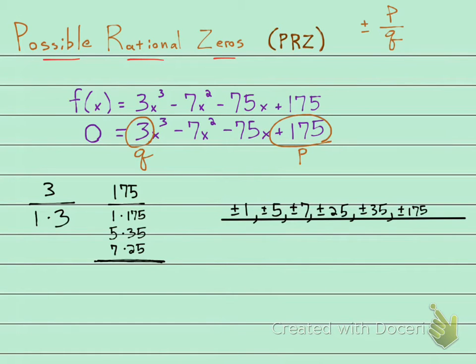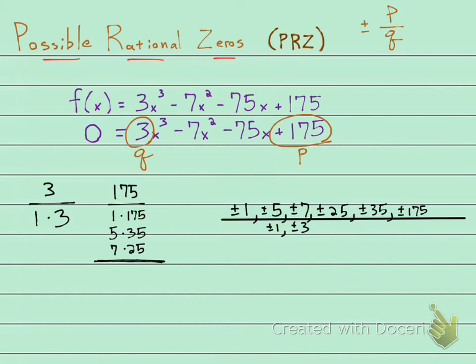I'm going to put them over all of my q's, plus or minus 1 and plus or minus 3. Now I'm going to list them out, noting that if you get a repeat, you don't need to write it twice. So if you get 3 and then you see 3 again later on, you don't need to write it twice.